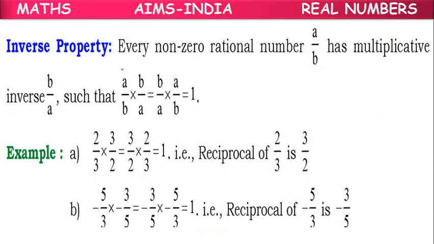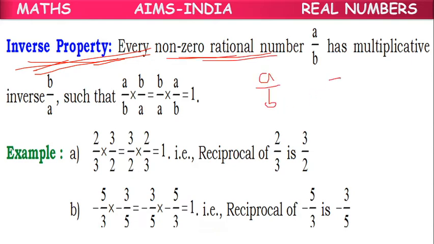So in multiplication, we have the inverse property also. Suppose we have a non-zero rational number a by b. Now the question is, if we multiply with what number, its value is 1? In the numerator a is there, so in the denominator, if we have a, it gets cancelled.